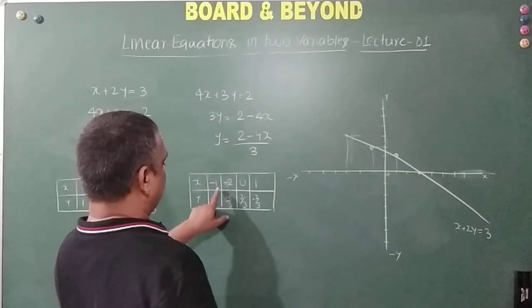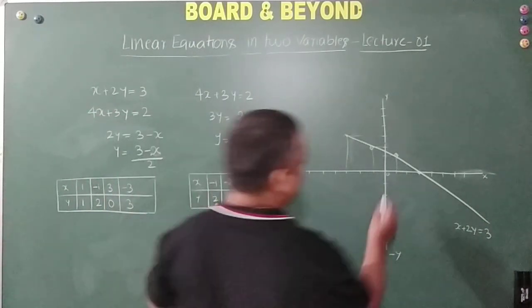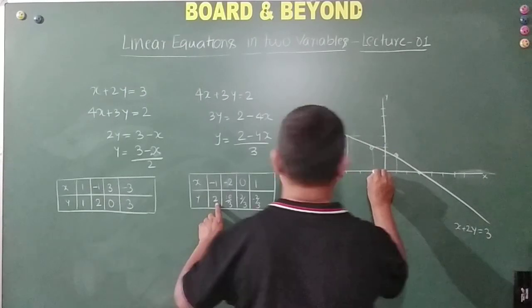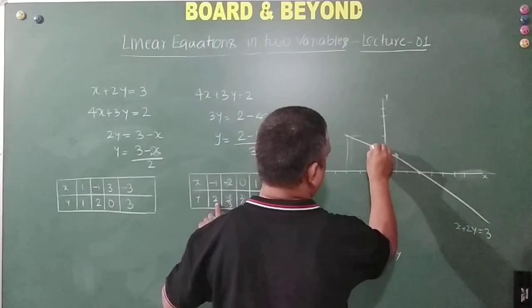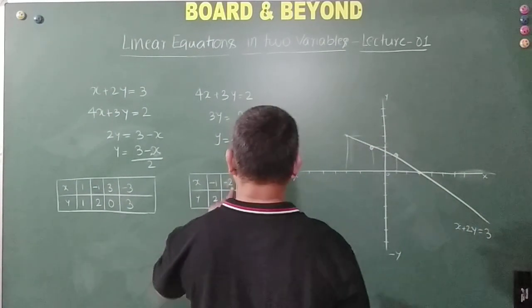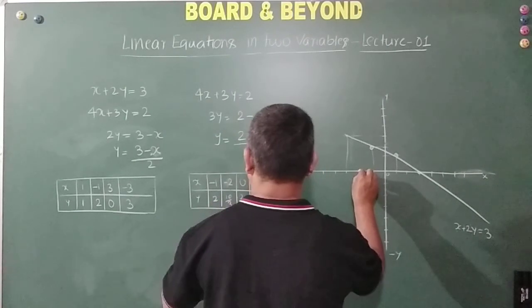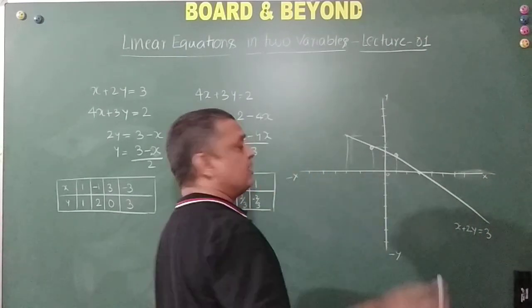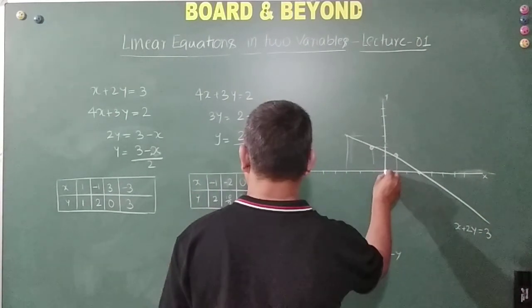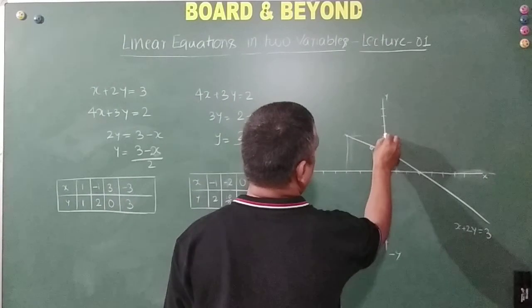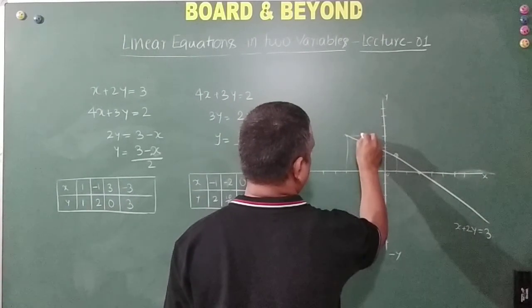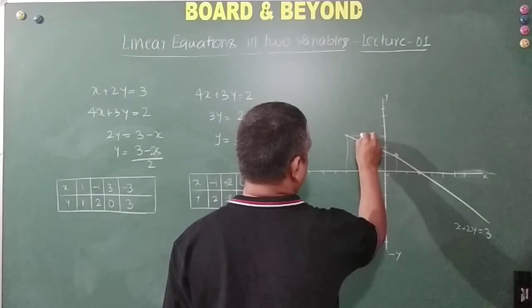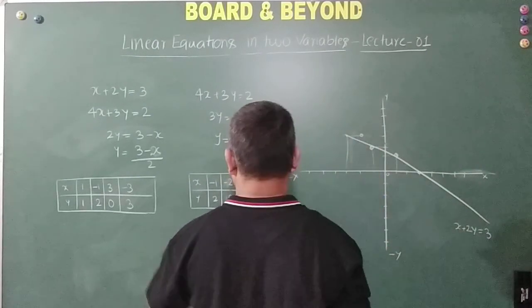X is equal to minus 1, y is equal to 2, this point, right? X is equal to minus 2, y is equal to 10 by 3, 10 by 3 is 3.3, let us say here, this point.